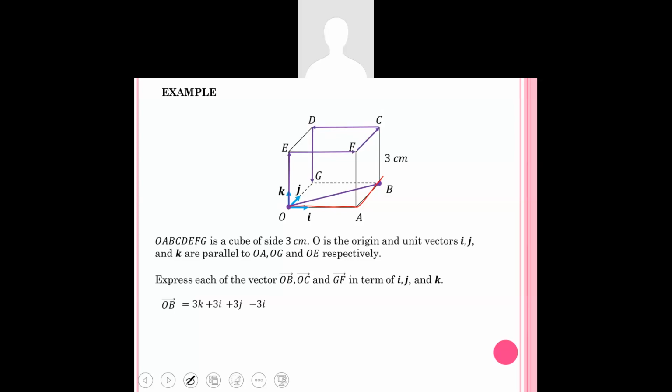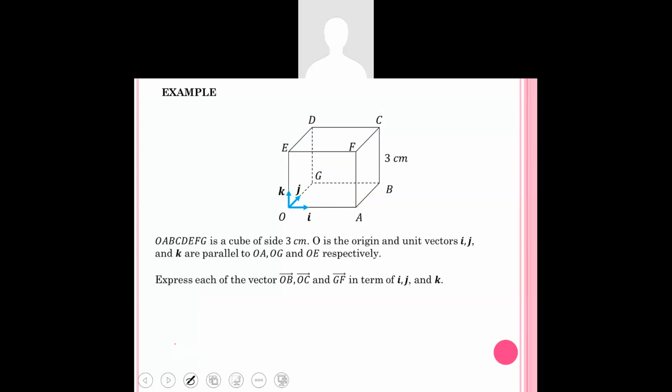Okay, so that's the negative of the k-axis, that would be negative 3k. Then we turn back to the right again, which is plus 3i. It should and it must still equal to the original vector that we calculated in the previous slide. Okay, kalau salah, then that means you're going the wrong side lah.